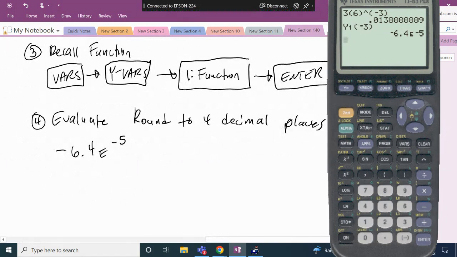All right, so this e that you see pop up in your calculator, that means times 10. Right, so negative 6.4 e negative 5 is negative 6.4 times 10 to the negative 5th power, right, which is actually exponential. Well, it's actually scientific notation.